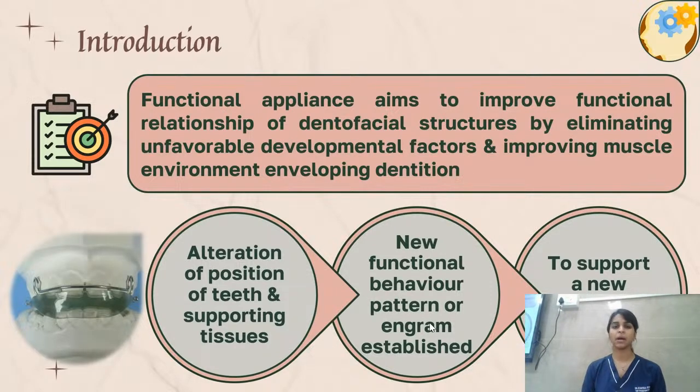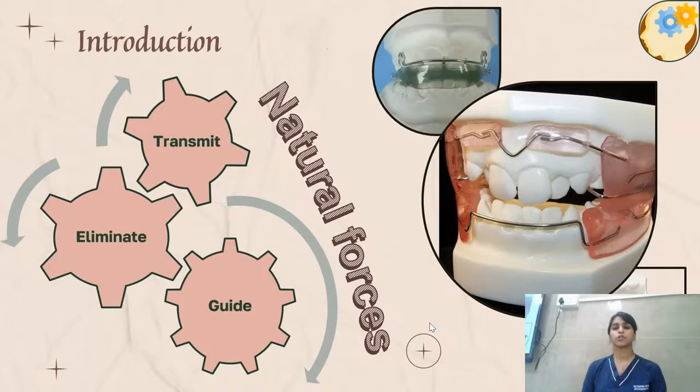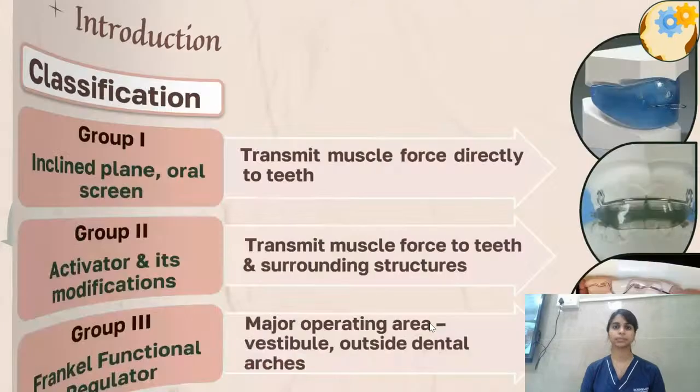And this is done by causing an alteration in position of teeth and supporting tissues so as to form a new functional behavior pattern, or engram, to support this new position of equilibrium. So, functional appliances in the crux work by harnessing the natural forces, guiding and transmitting the favorable ones, at the same time eliminating the unfavorable ones.